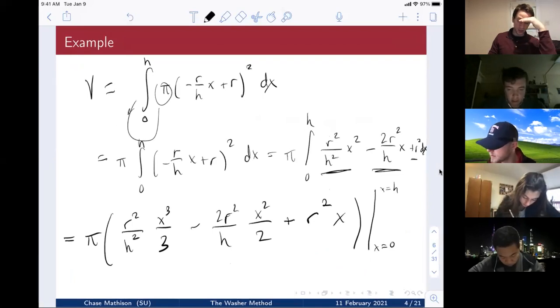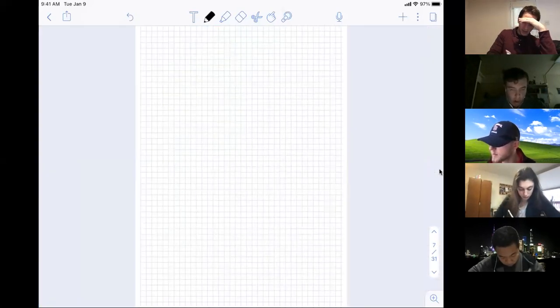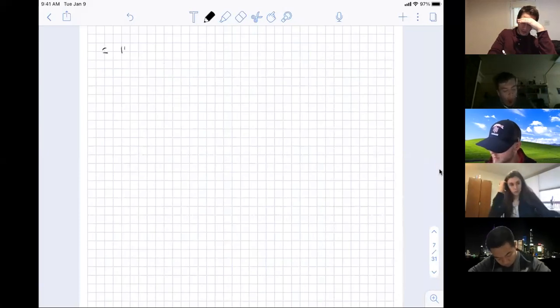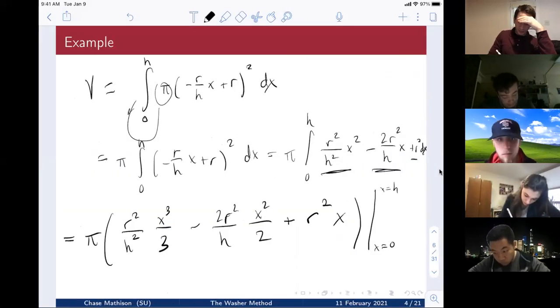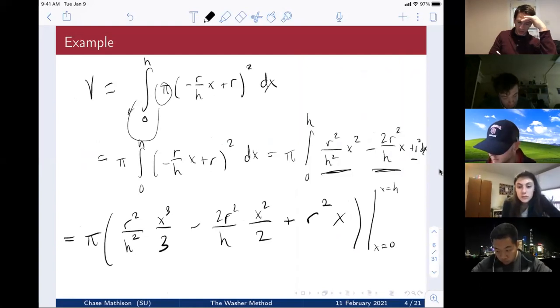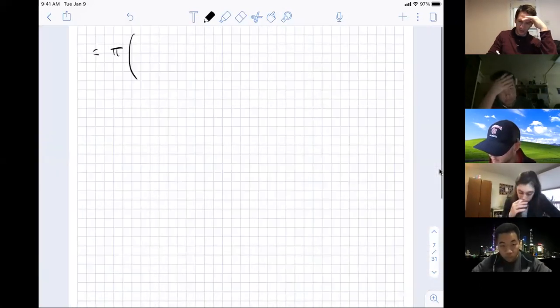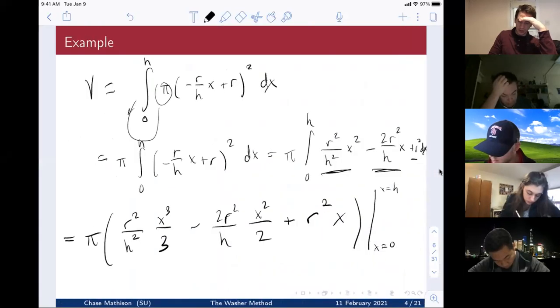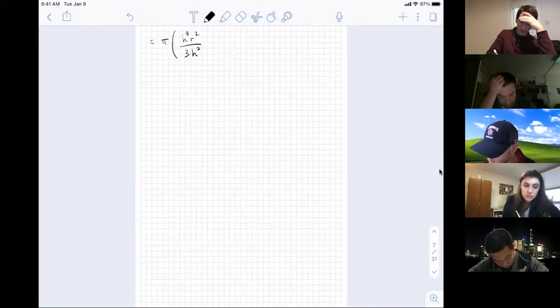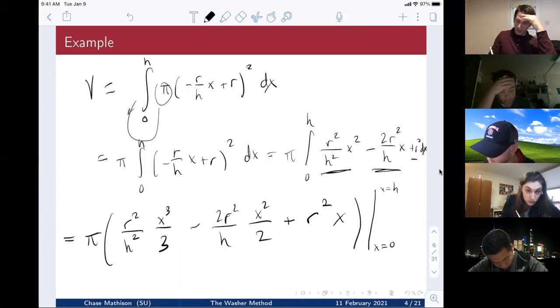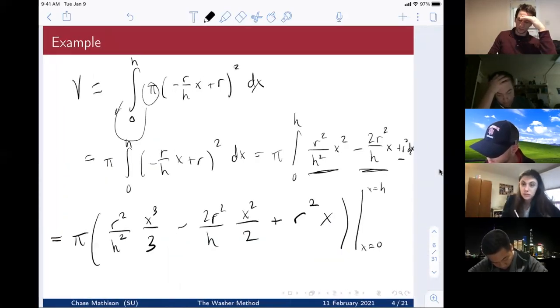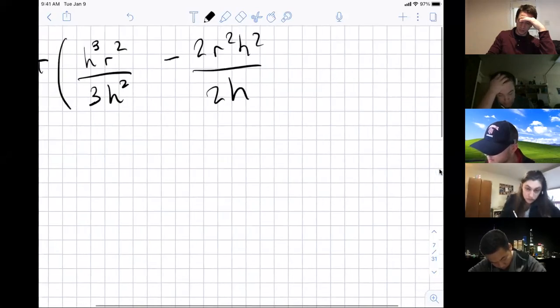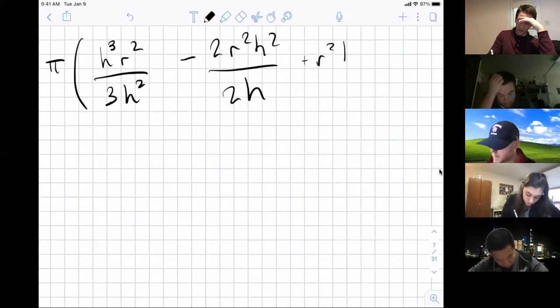So when I plug in x equals h, what do I get? I'm going to get pi times h cubed times r squared over 3h squared, and then minus 2r squared h squared over 2h, and then plus r squared h.